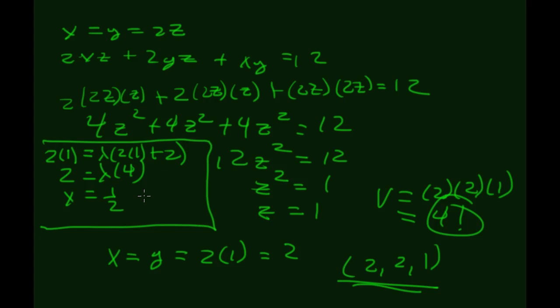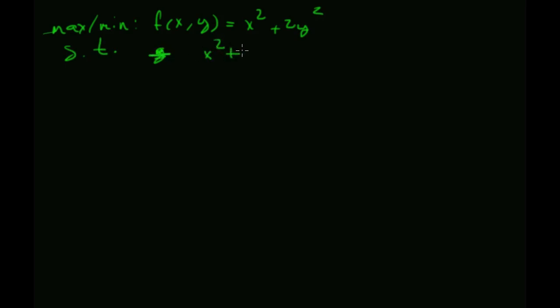All right, so this is pretty straightforward, but now let's look at how do we use this to solve some sort of bounded region problem. All right, so let's say that I want to find the max and the min for f of xy is equal to x squared plus 2y squared, subject to a constraint where we're going to let x squared plus y squared be less than or equal to 1.